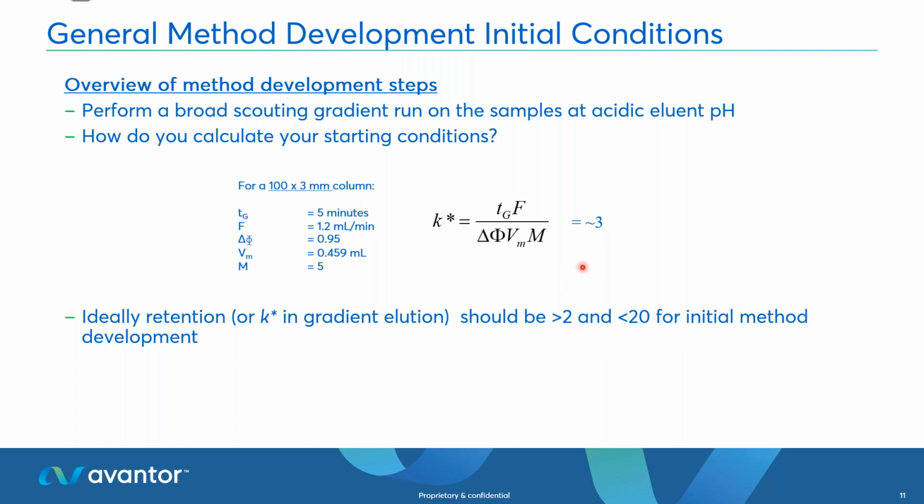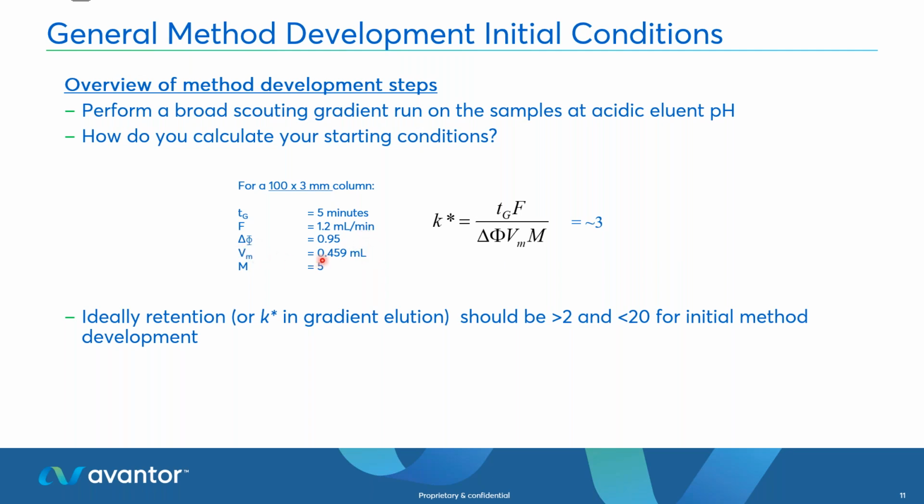So when we plug these into our retention factor calculation, we went for about 3 here. This is what we're aiming for. What that looks like in a method is a 5-minute gradient time running at 1.2 mL a minute. The gradient range is 95. So we're not going to 100% aqueous because some of our columns can't cope with that. So 0 to 95% aqueous range.